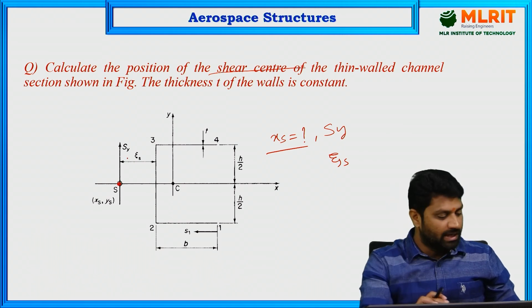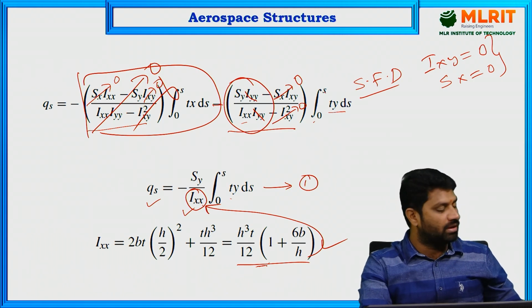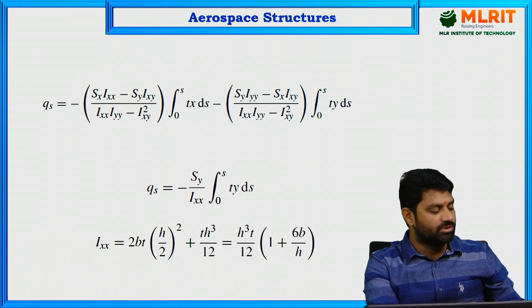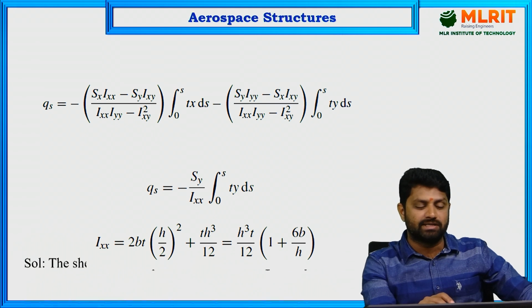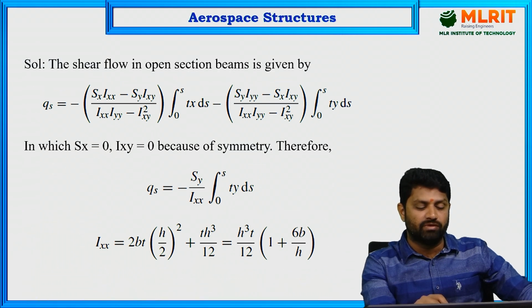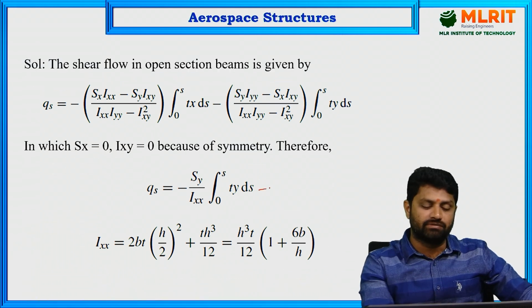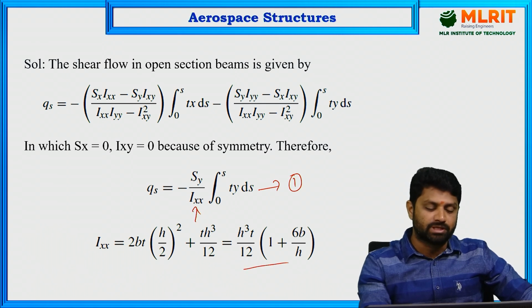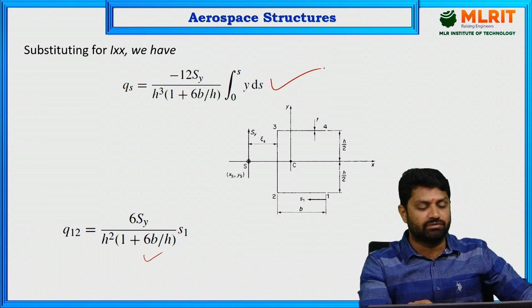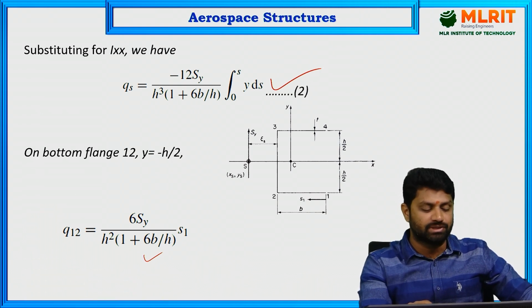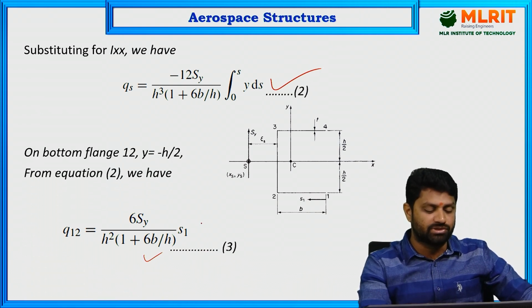Okay, and then we wrote the formula for the shear flow distribution, in which, because of symmetry, Ixy is 0 and Sx is also 0, the horizontal shear load. When you substitute, the formula reduces to this equation, and calculating Ixx you got this one, substitute here and you get this equation. Once you get this equation, first consider the bottom flange, and you get the shear flow distribution for 1 2 like this.